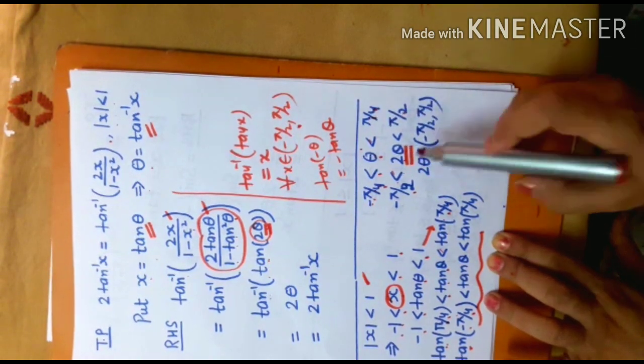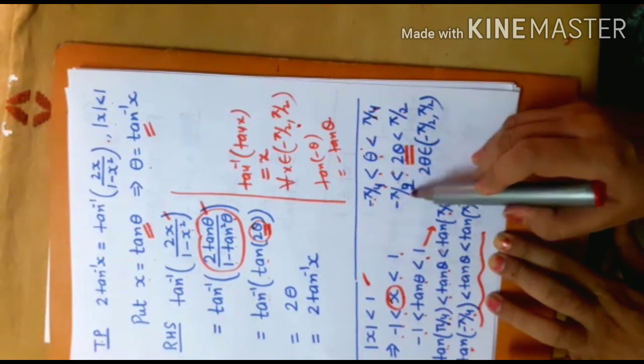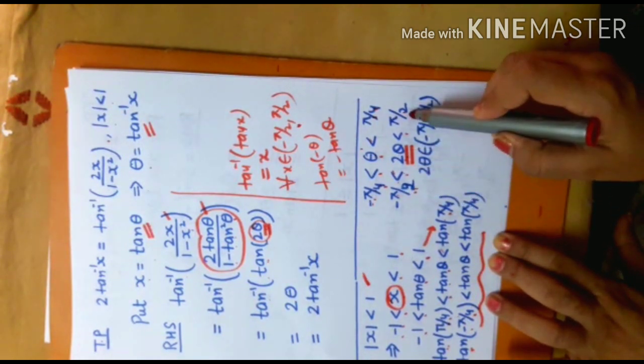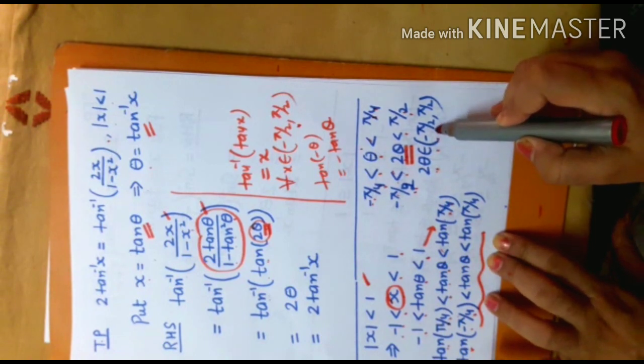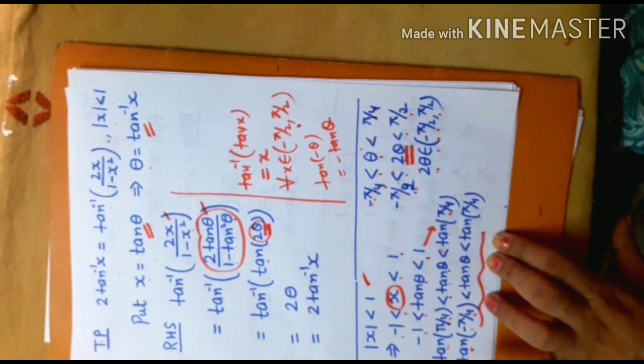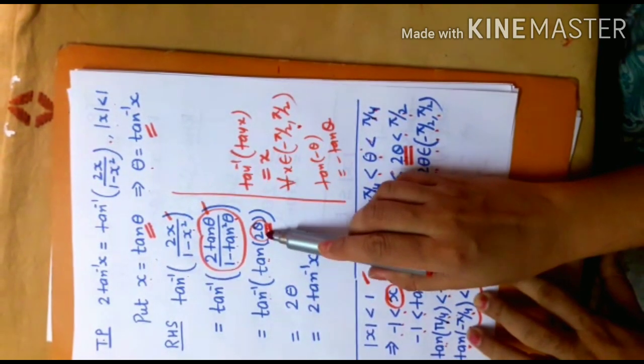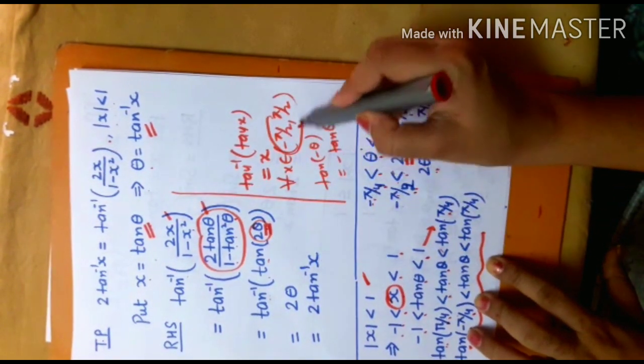Thus, 2 theta is greater than minus pi by 2 and less than pi by 2. That means 2 theta belongs to the open interval minus pi by 2 to pi by 2.